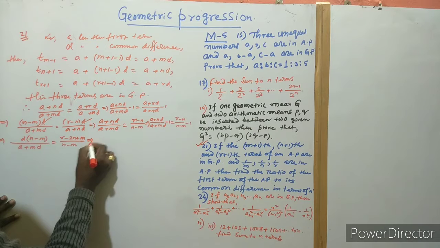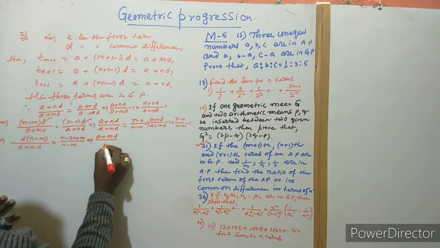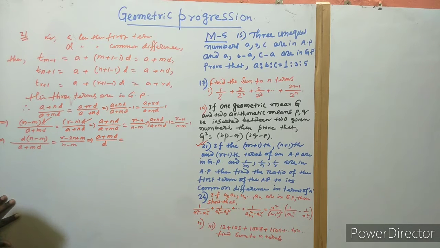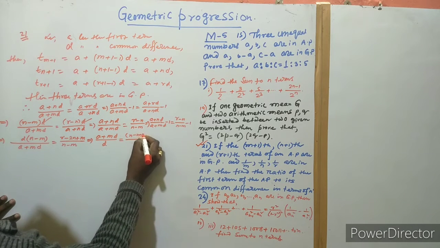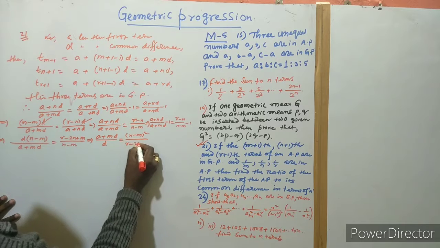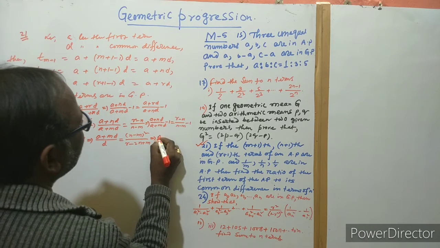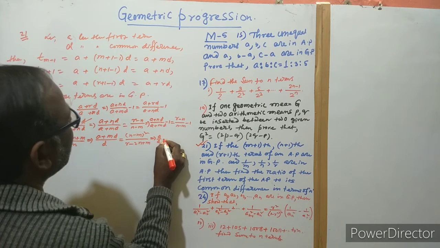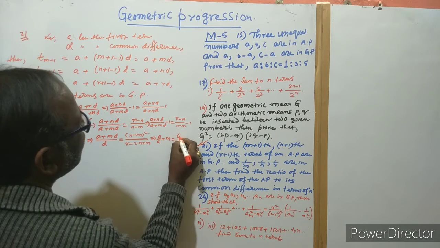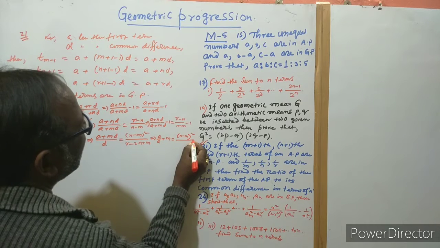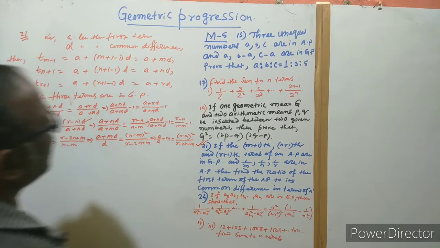Again write here (A plus mD) divided by D as this, and (n minus m) whole square by (r minus 2n plus m). Thus, A by D plus m is equal to (n minus m) whole square divided by (r minus 2n plus m).